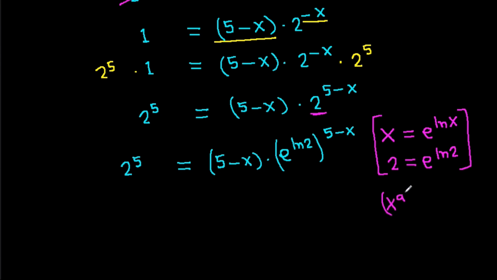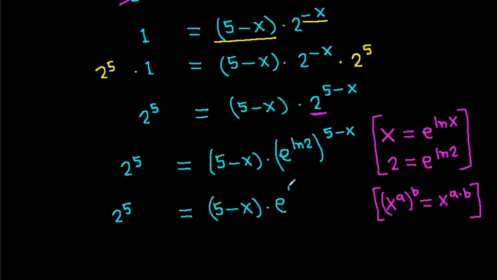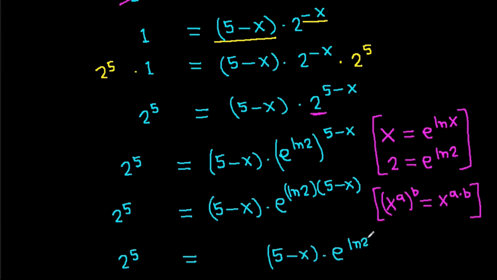And x^a^b is x^(a times b), so 2^5 will be (5 minus x) times e^(ln 2 times (5 minus x)), and we have 2^5 is equal to (5 minus x) times e^(ln 2 times (5 minus x)).